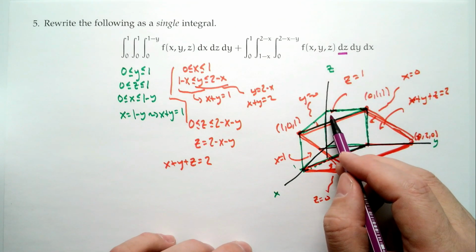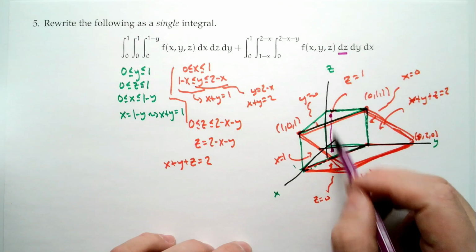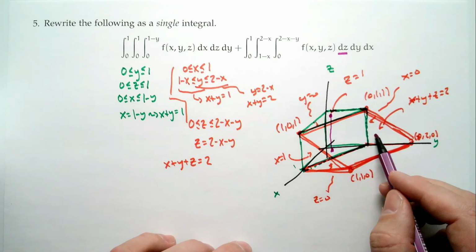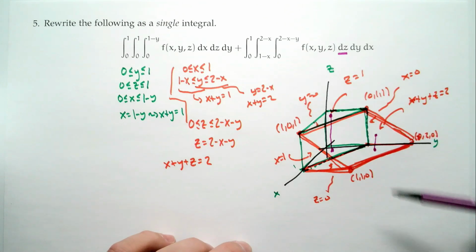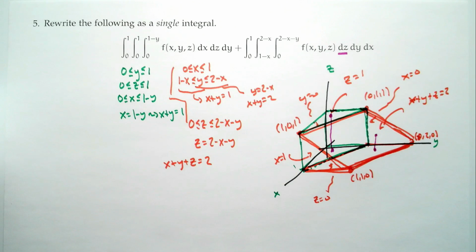Well, the challenge is, think about moving up and down with z. If I'm over here, I have this top part as z equals 1, but then if I come over here, the top part is this other plane. So integrating the inner part with z is a bad choice because we have different surfaces on top. That's not going to work.